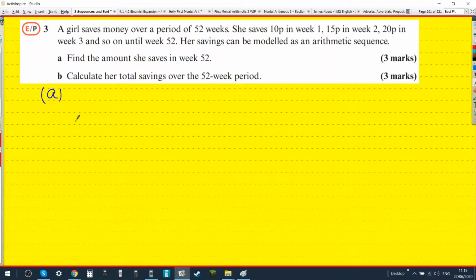So her common difference seems to be 5, and A is 10. I'm just going to write them in pence form, because I imagine the final answer might be pounds. And her A is 0.1.